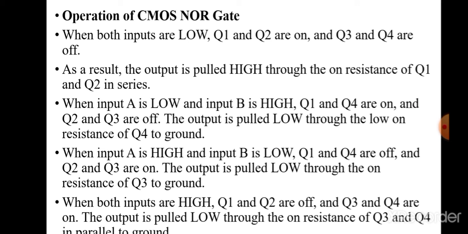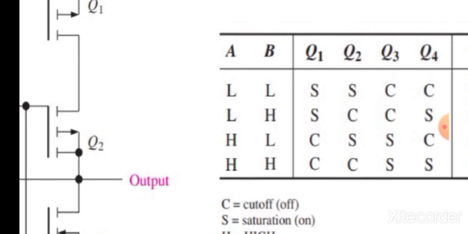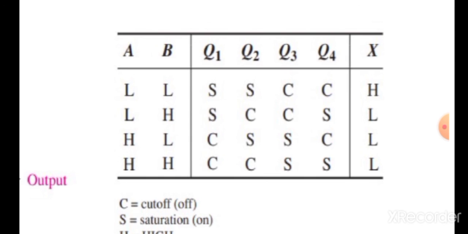When both inputs are low, Q1 and Q2 are on, and Q3 and Q4 are off. You can understand this from the truth table. S means on, saturation, and C means off, that is cut off. So both are L, then Q1 and Q2 are in saturation, that is on, and Q3 and Q4 are cut off, that is off.